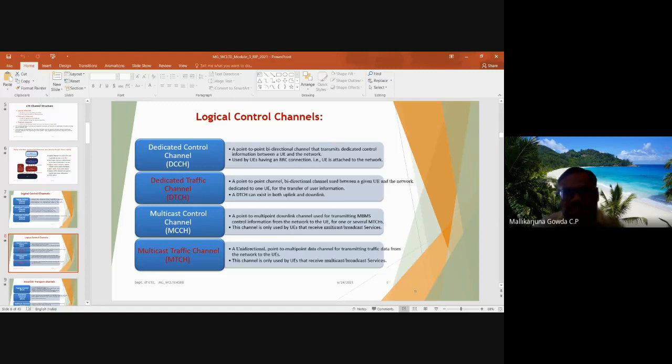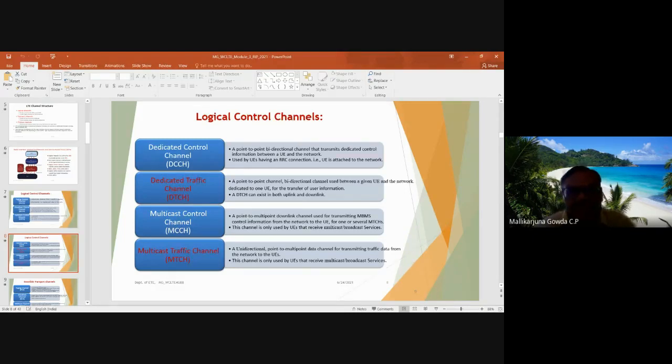Okay, so this channel is only used by the user equipments that receive multicast or broadcast services. So that is the beauty of this multicast control channel. So these are the five different types of logical control channels which are used in LTE.